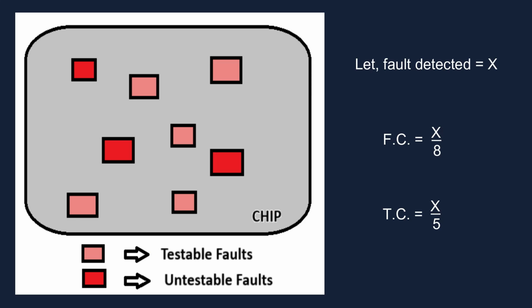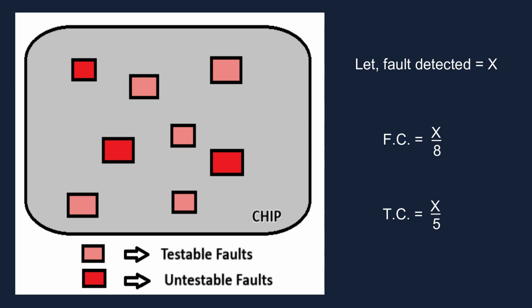Let's say the total number of faults detected on the chip is X. Using this formula, fault coverage is equal to the number of faults detected divided by the total number of faults on the chip. The total number of faults will be the sum of testable faults and untestable faults. For example, if there are 3 untestable faults and 5 testable faults, the total faults will be their sum, which is 8.